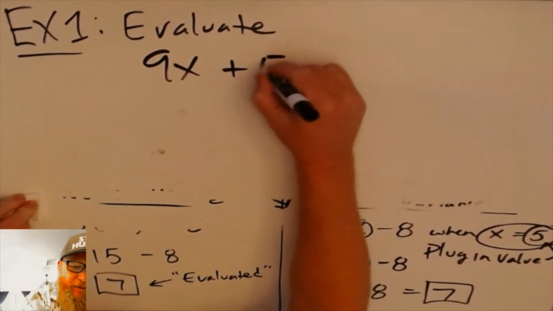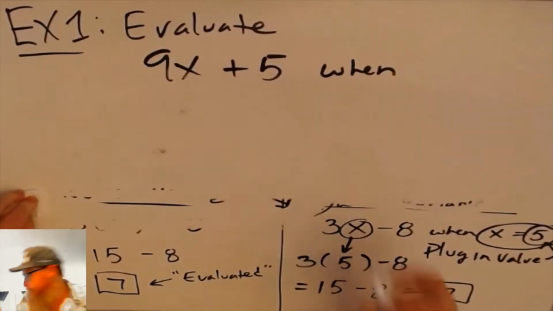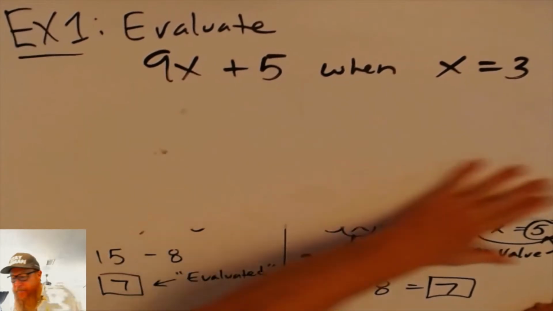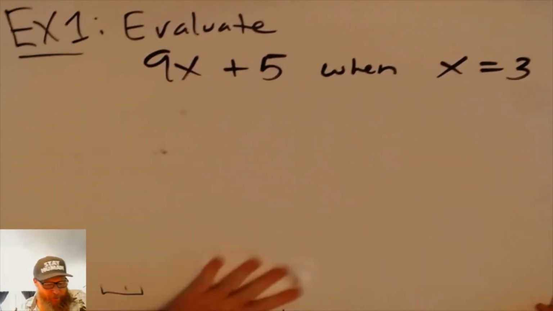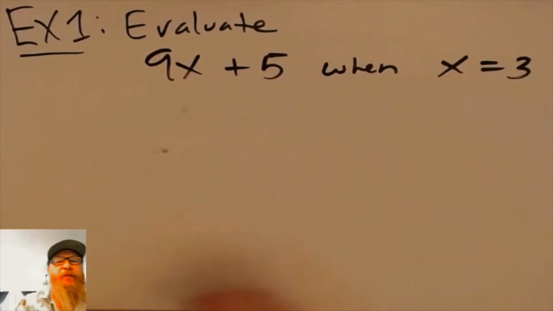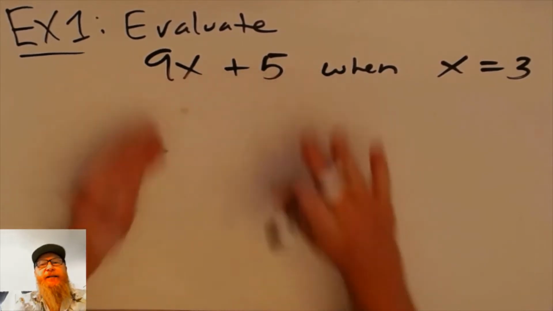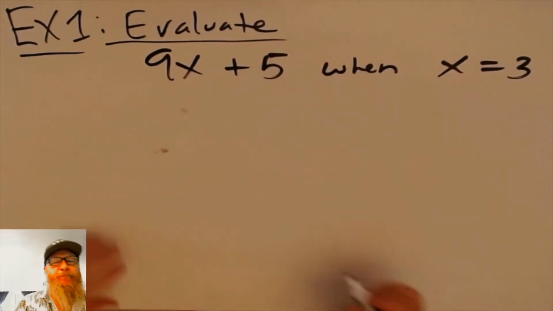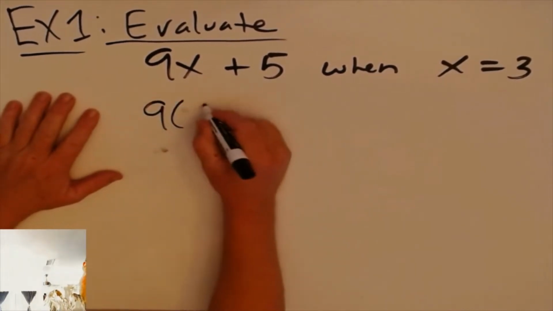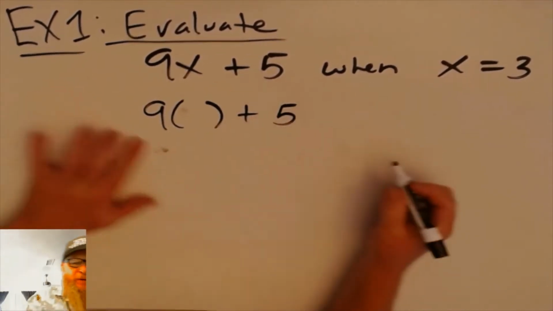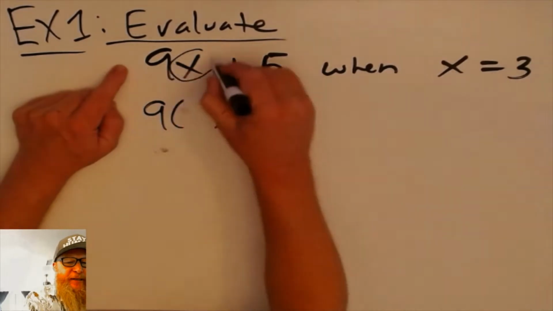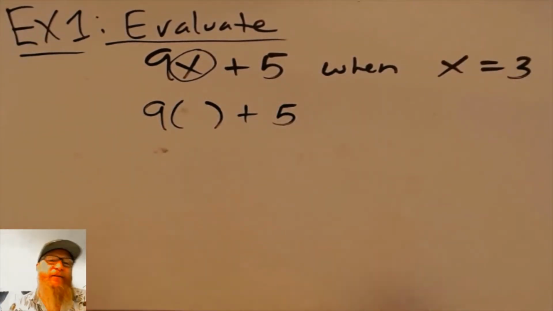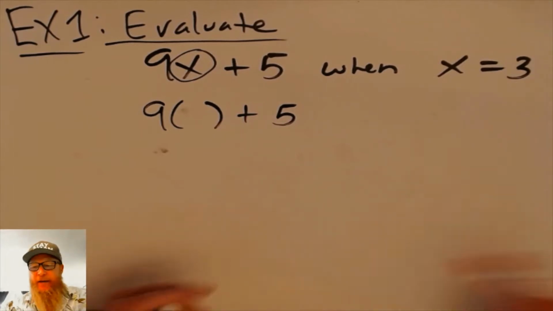Got to write this carefully. In 2.2, we're going to be doing a lot of problems involving variables. So evaluate 9x plus 5 when x is equal to 3. So here's a technique that I'm going to illustrate in this section, and I hope that you take it for what it's worth.